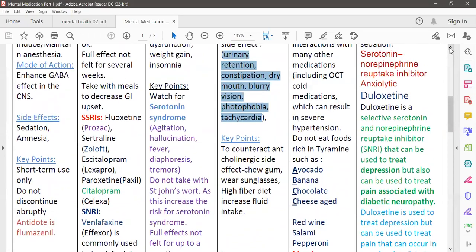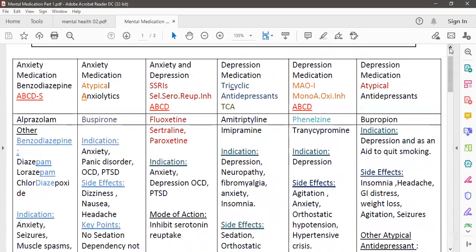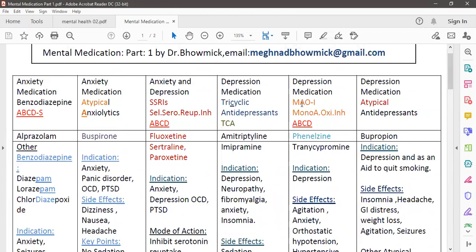Another group of drugs we use for depression is called MAOI, right? MAO inhibitor. M stands for mono, A stands for amine, O stands for oxidase, I for inhibitor.